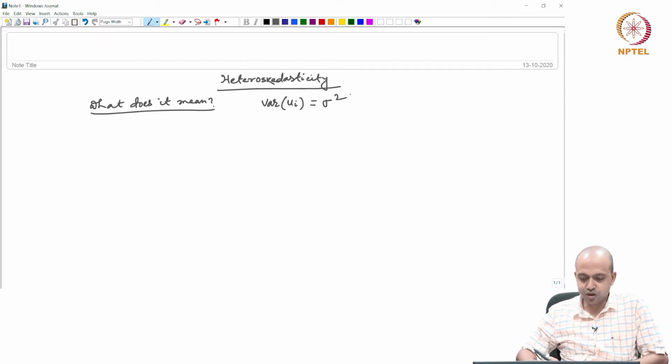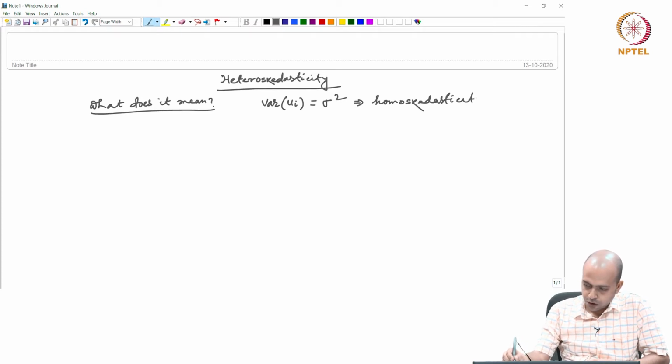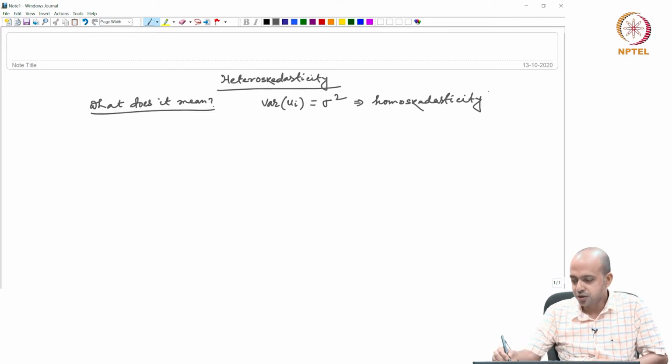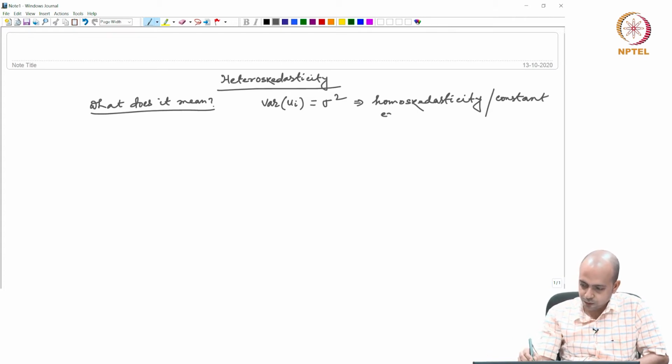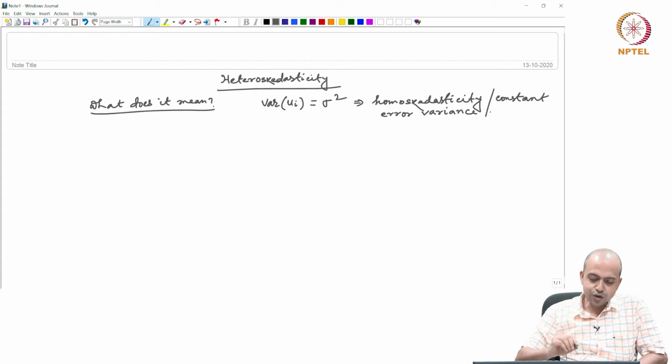That was the assumption of the classical linear regression model, and if this assumption is satisfied, then this is called homoscedasticity. And homoscedasticity basically means a constant error variance. The other name of this is constant error variance, right.